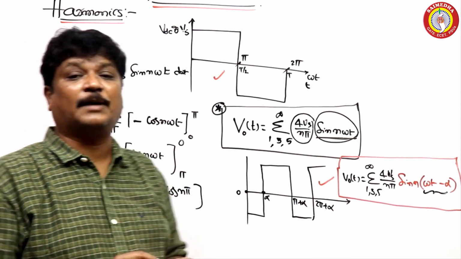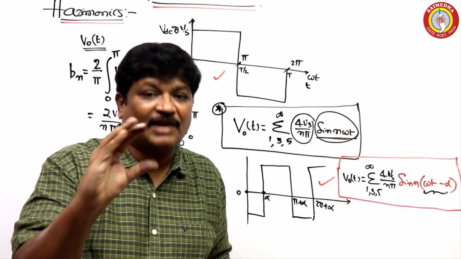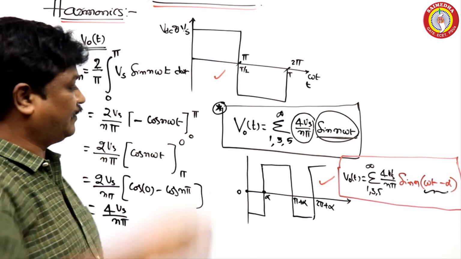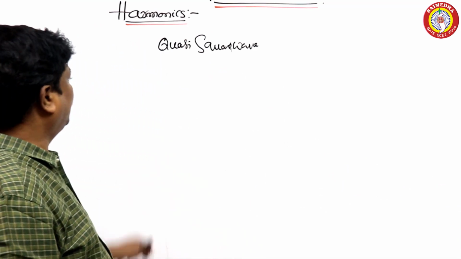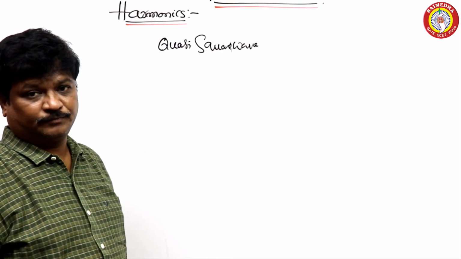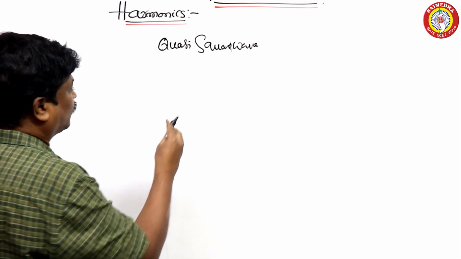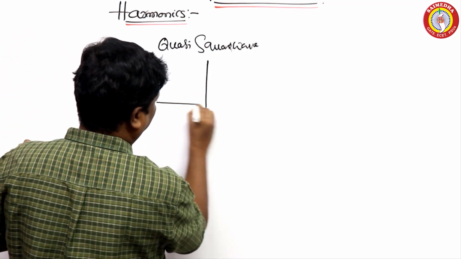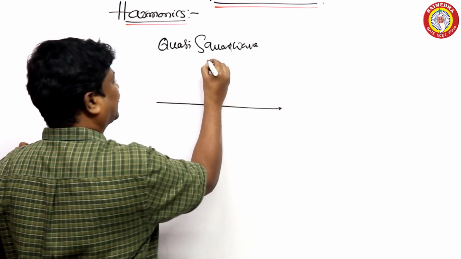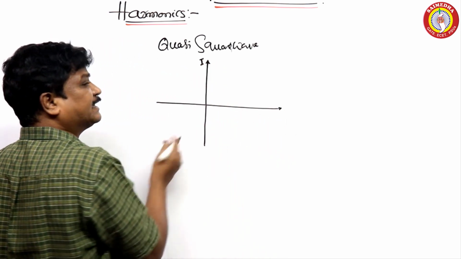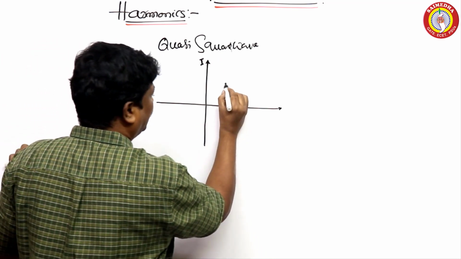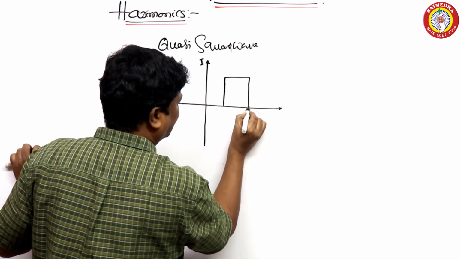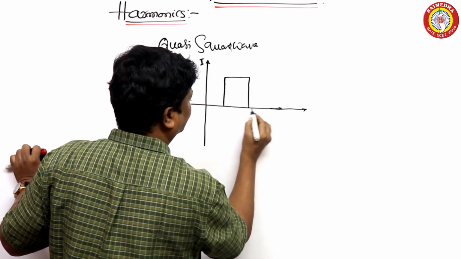Now we are going to talk about the quasi-square wave output voltage V naught. What is a quasi-square wave? For example, the input waveform is like this, and I am going to take it as I. The quasi-square wave output is like this.